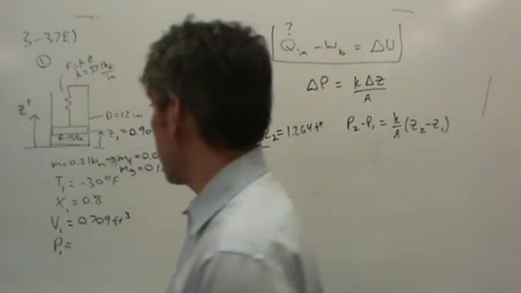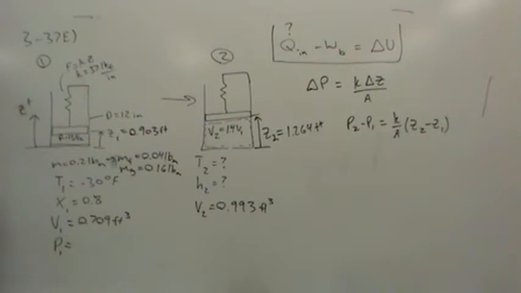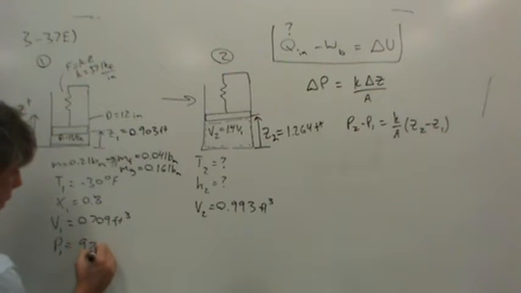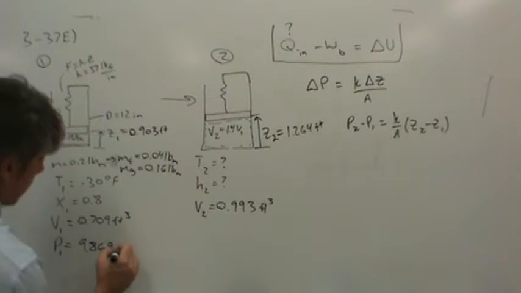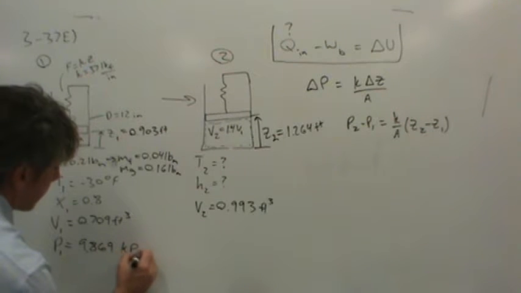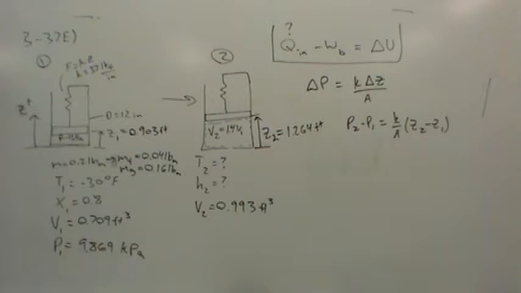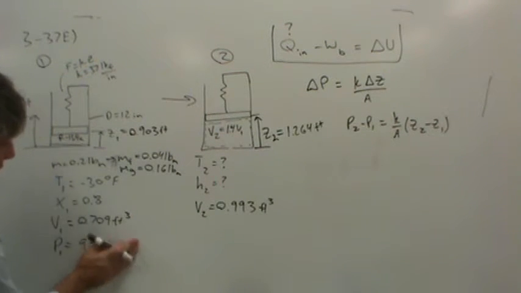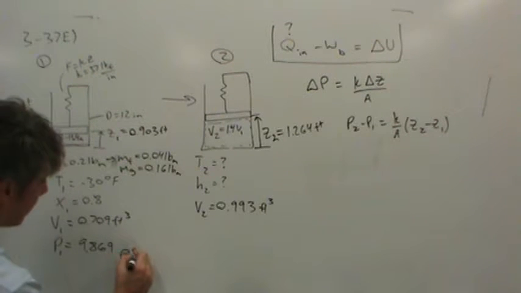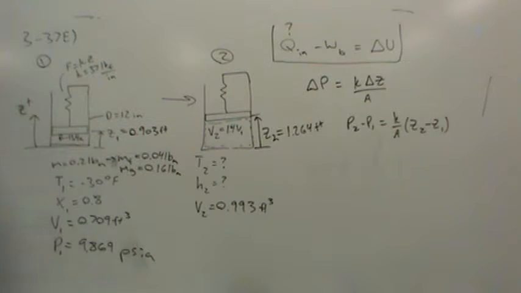So at a temperature of negative 30 degrees, what is the saturation pressure, please? 9.869. And that's kilopascals? PSI. Oh, thank you. I'm not prejudiced against any unit system, I'll use them all.